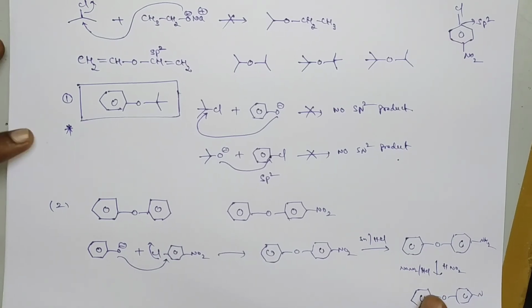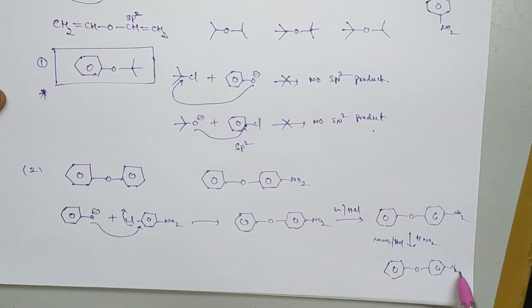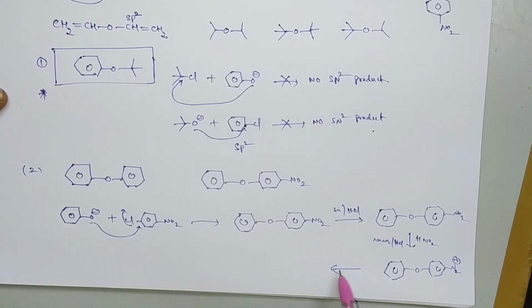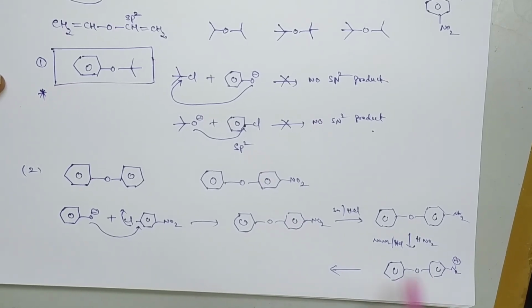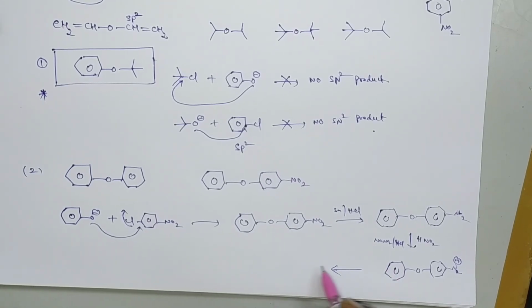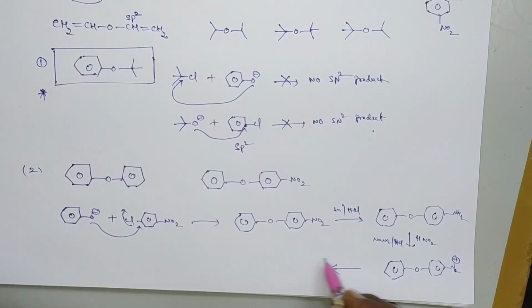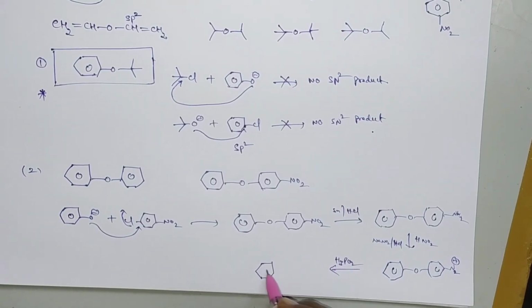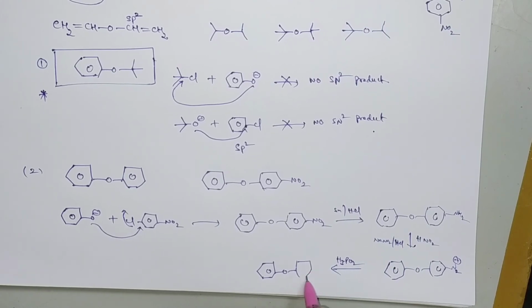Here it is converted to N2 plus. Then this nitrogen can be eliminated by using H3PO2. By using H3PO2 we can eliminate this nitrogen gas and we can prepare the ether, diphenyl ether.